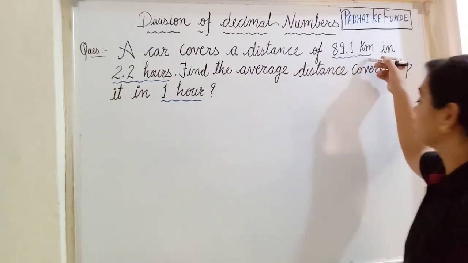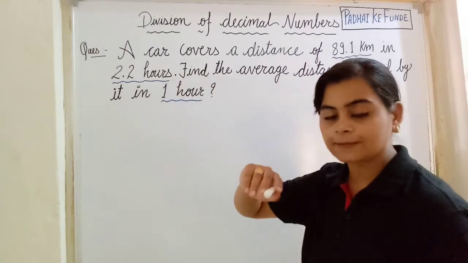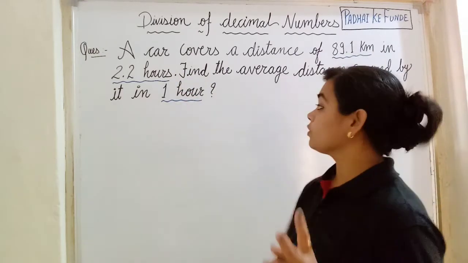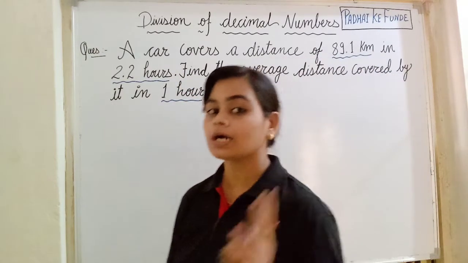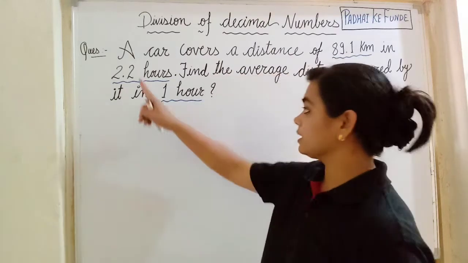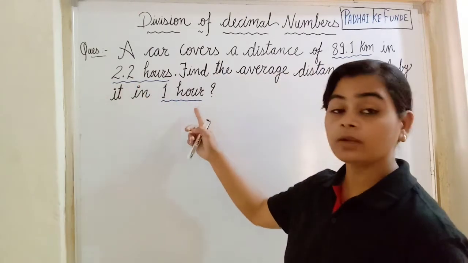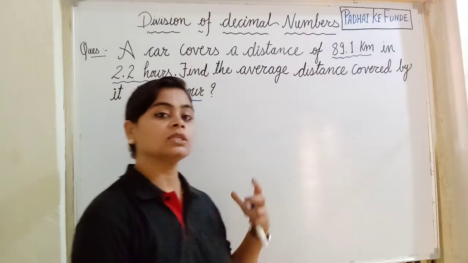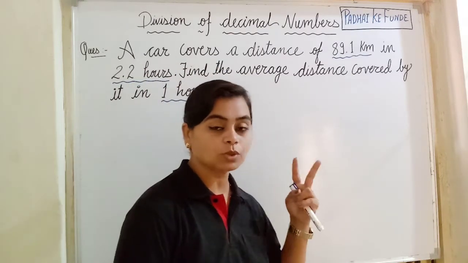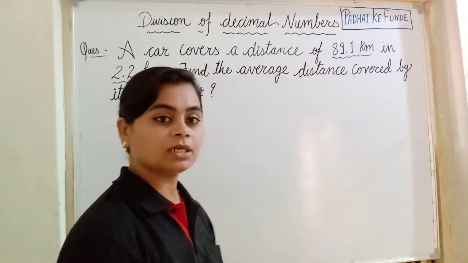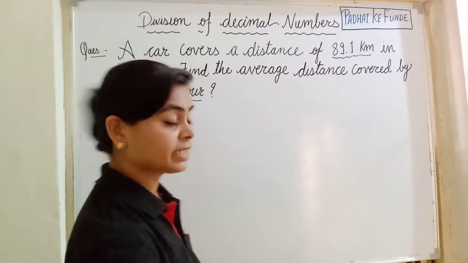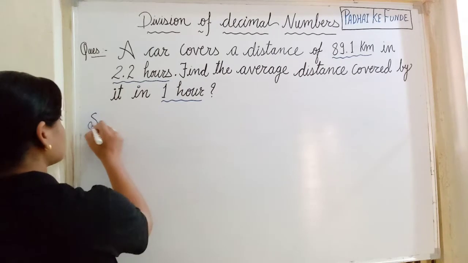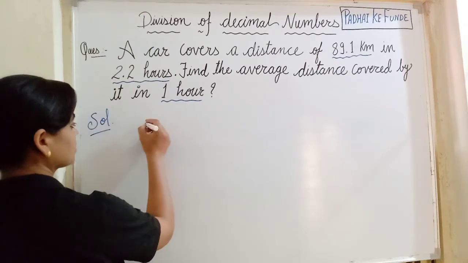Here we have kilometers and hours. Of these two, the unit hours is given twice, that is 2.2 hours and 1 hour. The quantity whose unit is used two times will be the start of the statement. So, let us start our solution here.